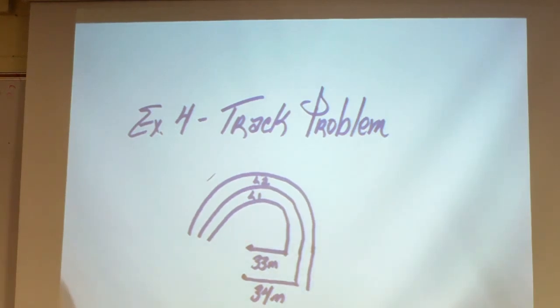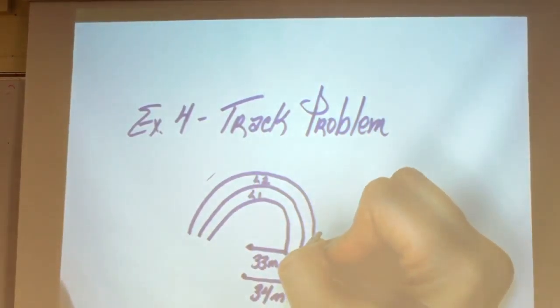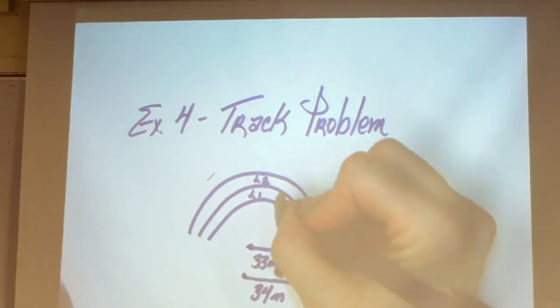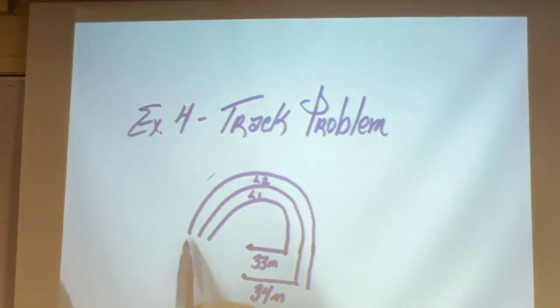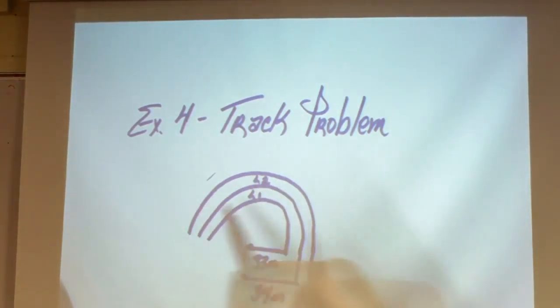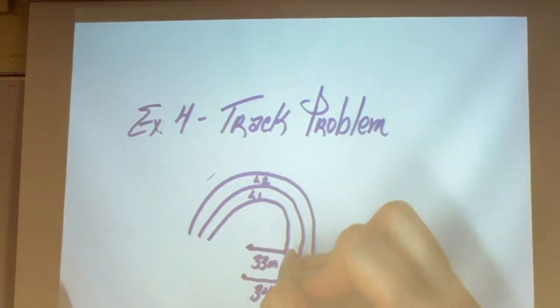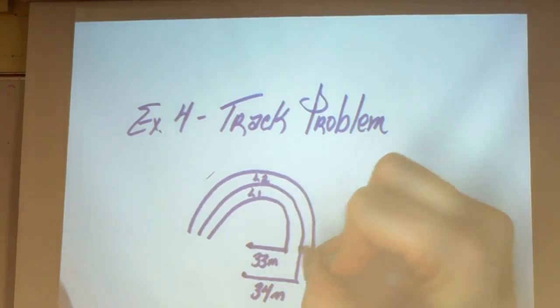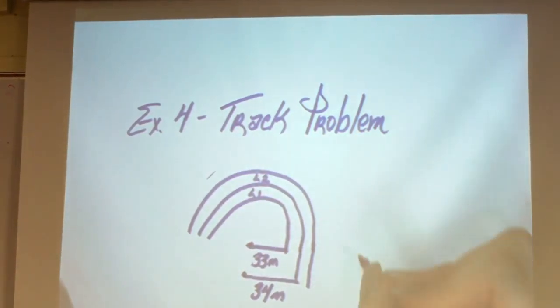What they're asking you to find is how much longer lane 2 is than lane 1 around one turn. So they want to know how much further people in lane 2 run if they have to stay in their lane. Usually after a certain distance, the people in the outside lanes can cut into the first lane. But let's find it.